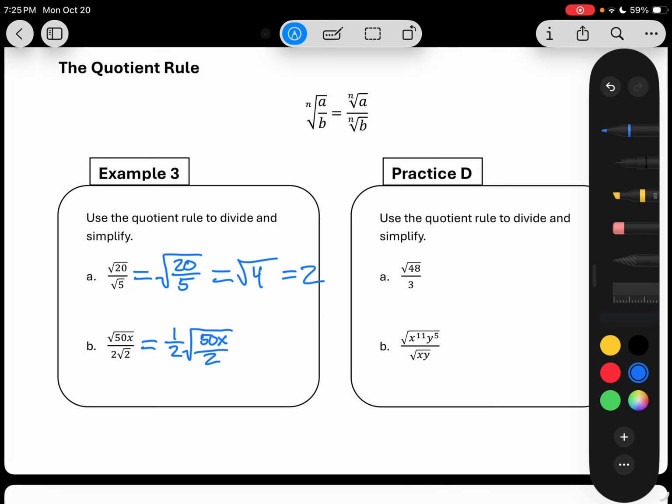And now 50 divides by 2 to give 25, so we have 1/2 square root of 25x. And then 25 is a perfect square, it's 5. So that'll be 1/2 times 5 square root x. And then that probably works, but it also might be nice to say 5/2 square root x for our final answer.